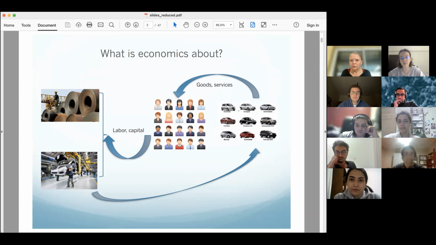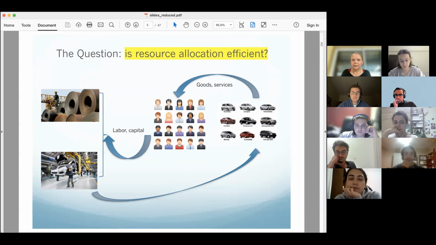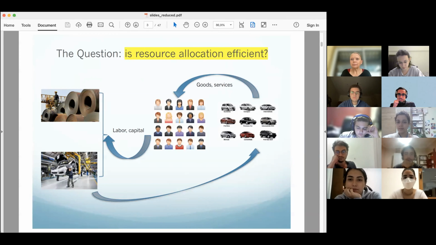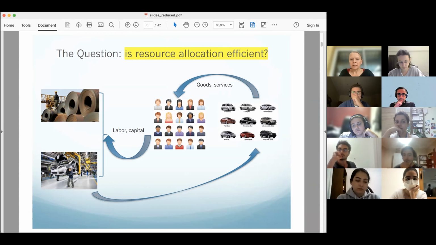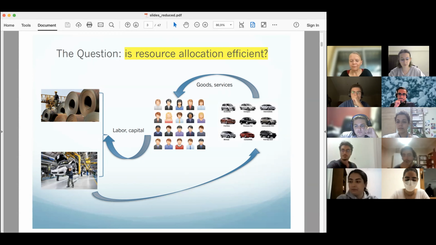Then the final goods are allocated across consumers. The question is whether the final resource allocation is efficient, in the sense that one could not reallocate or induce changes so that a larger quantity or quality of the final goods would be obtained with the same amount of raw materials and labor resources.